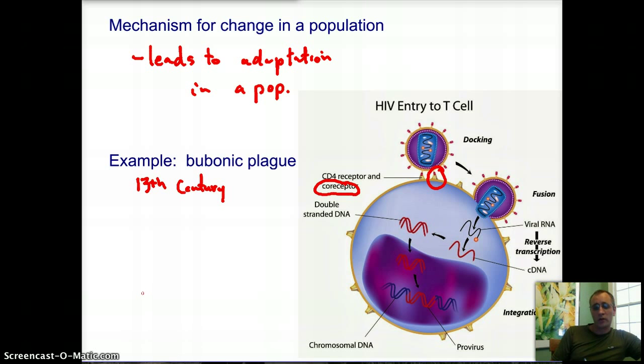Okay, it doesn't work the way it does in most people. In most people, it's there, and it actually is one of kind of the keys for the HIV virus to get into our cells. Okay, so some people of Northern European ancestry actually don't have this protein here, or it's actually a different shape, and it doesn't work to allow the HIV in here.